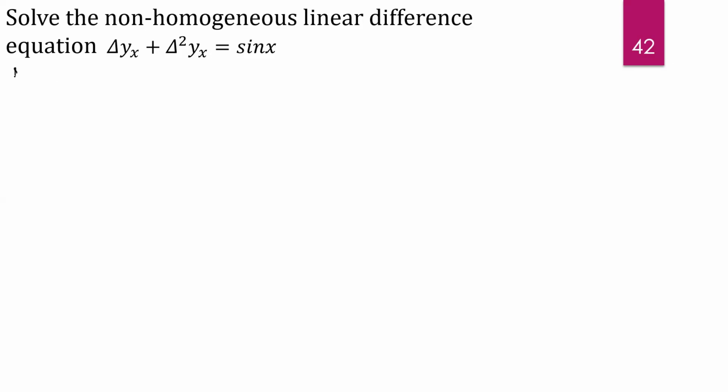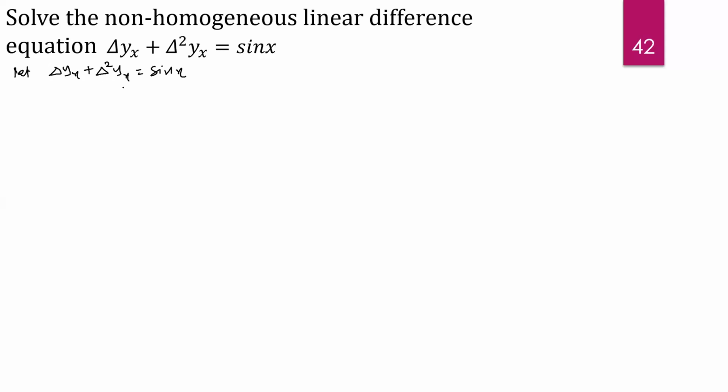So let we have the equation Δy_x plus Δ²y_x is equal to sin x. Here, instead of Δ, we can write E minus 1. Otherwise, we can apply the definition.